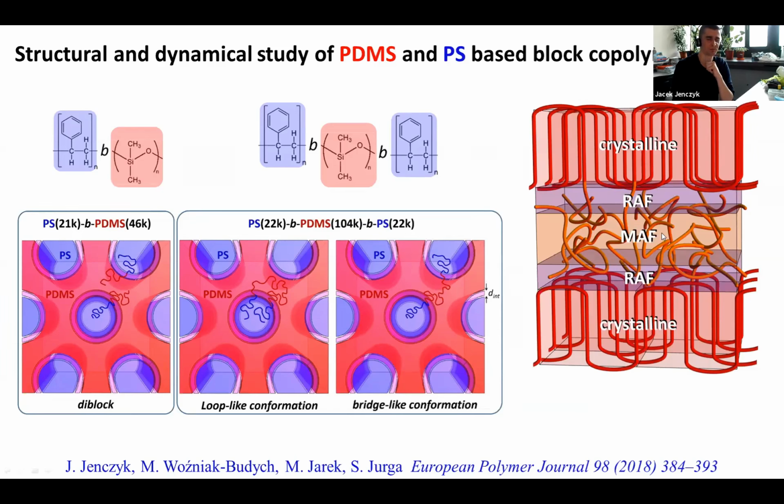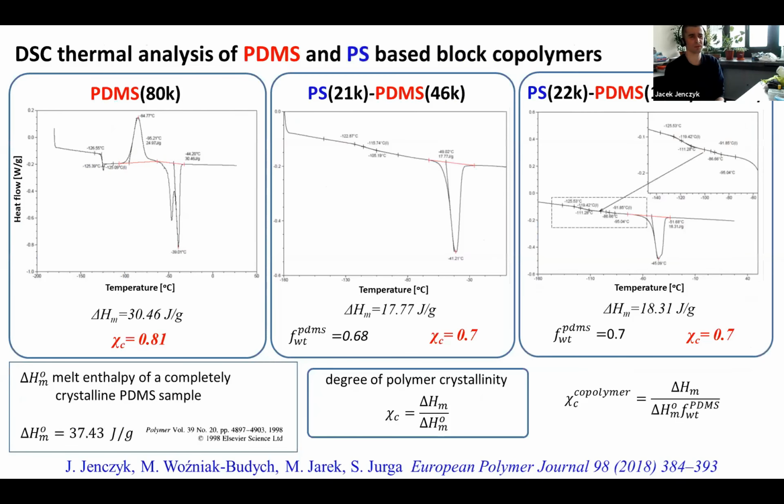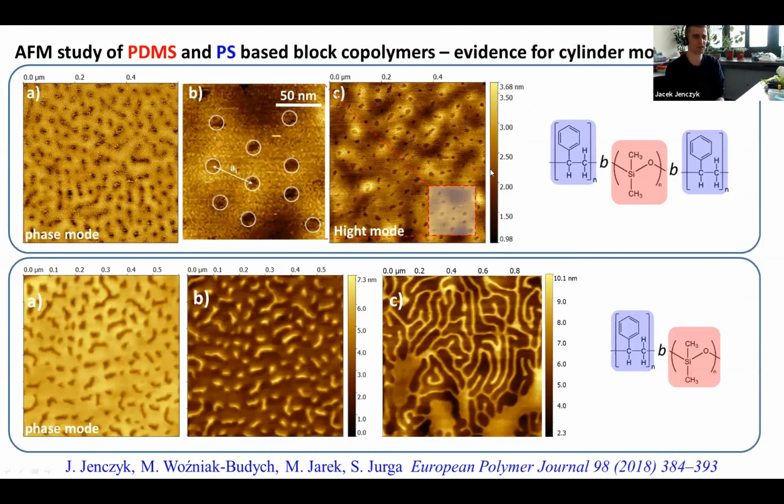One is called the mobile amorphous fraction, and the second is the rigid amorphous fraction, which represents the fraction of polymers which are adjacent to the crystalline phase. And we wanted to check whether it's possible to really observe and distinguish the rigid amorphous phase from the mobile amorphous phase. So again, we have done atomic force microscopy to see the phase separation directly.